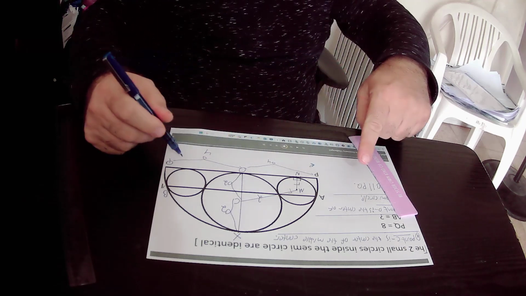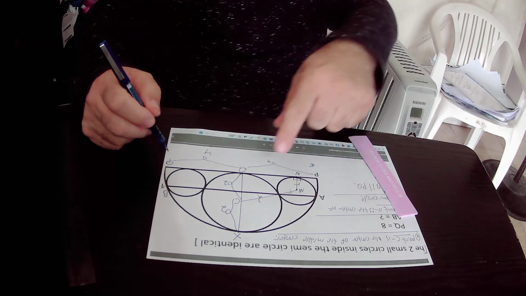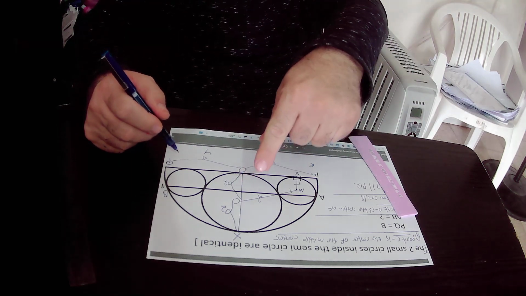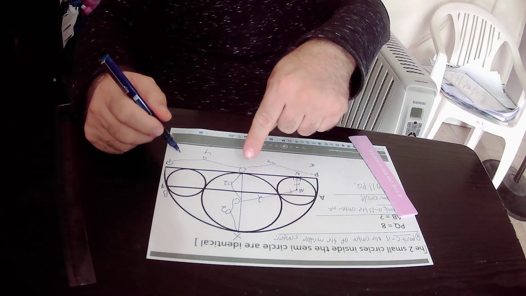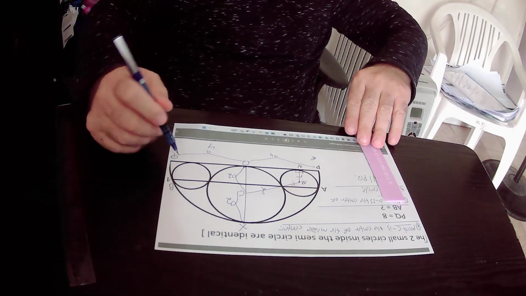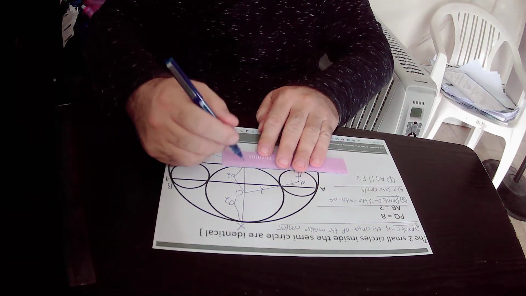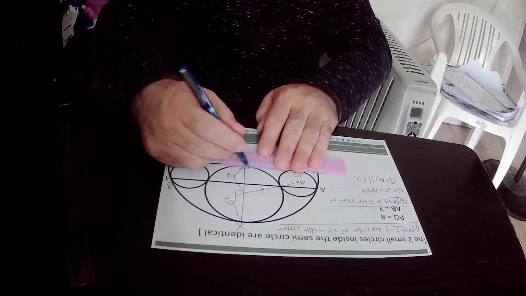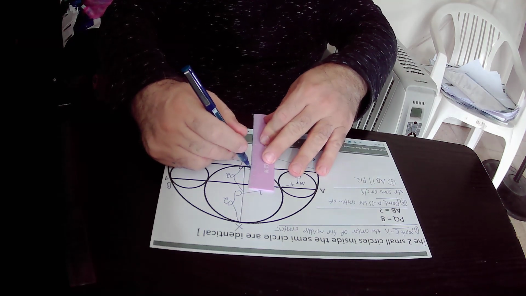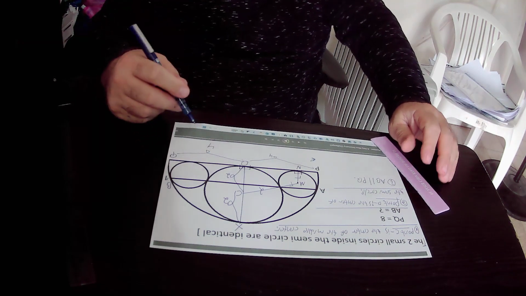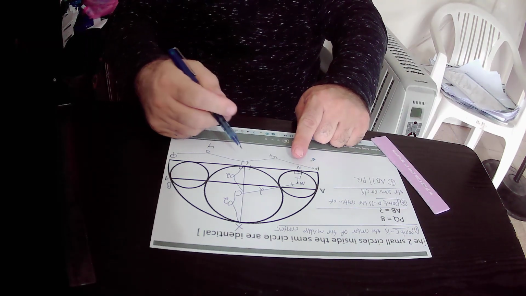Therefore, the tangent PQ is perpendicular to this radius OC that is drawn to the point of tangency, point O. That is to say this angle is a right angle, it equals 90 degrees, and this angle is also a right angle that equals 90 degrees. So we have here two right angles.